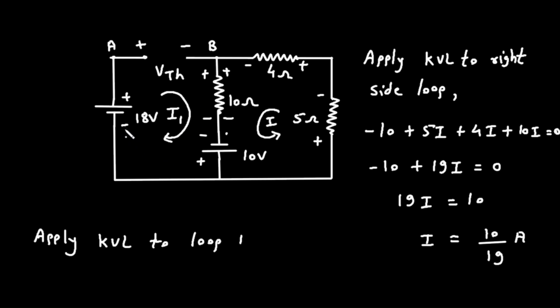So from here it will be minus 18, then plus VTH, then plus 10 into current. Here I1 is equal to I, so then 10 into I1, then minus 10, is equal to 0.